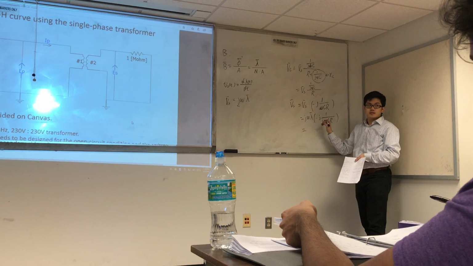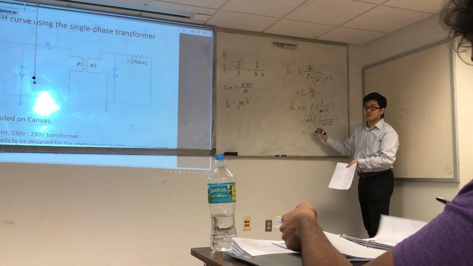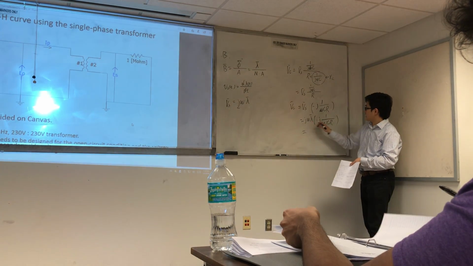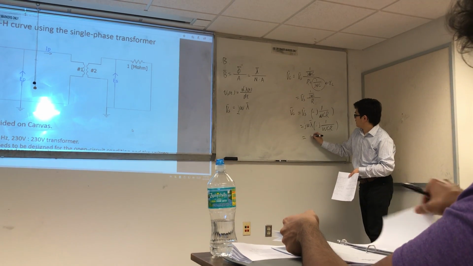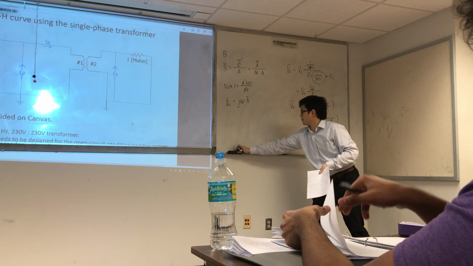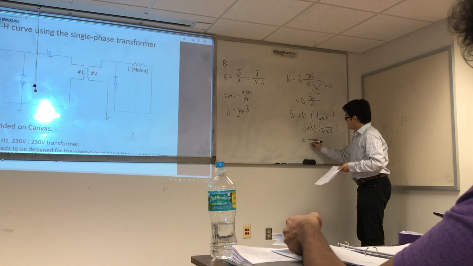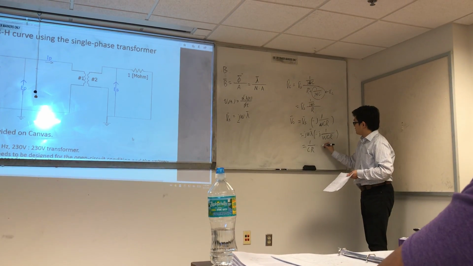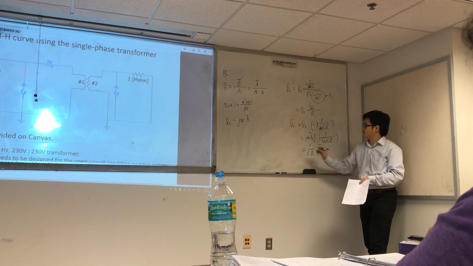So j times j is negative 1, so the negative is cancelled, and omega is cancelled. So it's 1/(CR) times lambda.